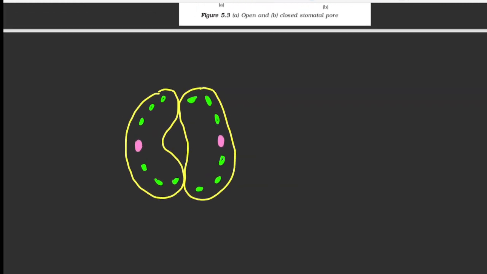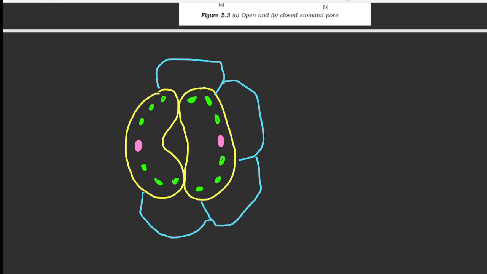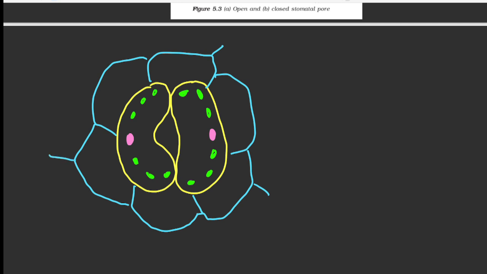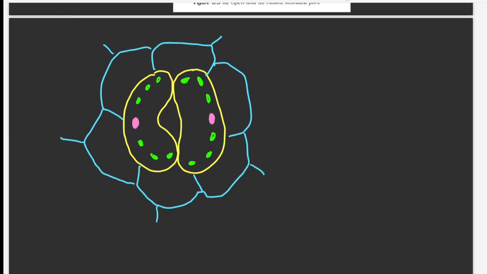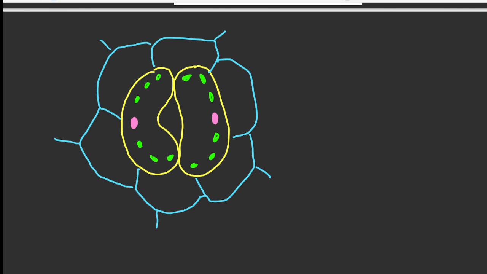So let us draw the subsidiary cells now. So these are the subsidiary cells. So this much you have to draw.